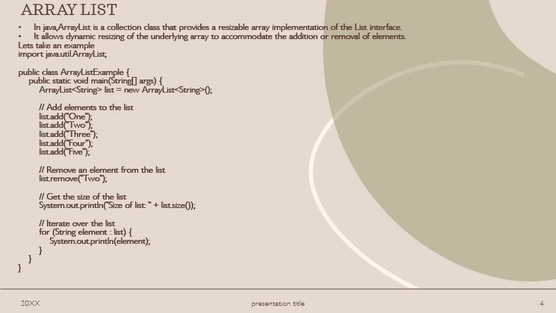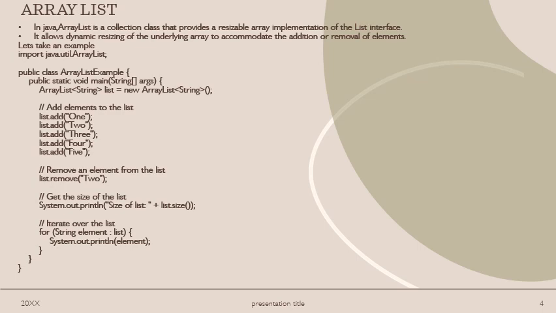Then we can perform any of the functions of the collections on the ArrayList. We perform the add function here, that is list.add("1"). We put the string 1 into the array at index 0. Then we add string 2 to the list at index 1. Similarly for 3, 4 and 5.